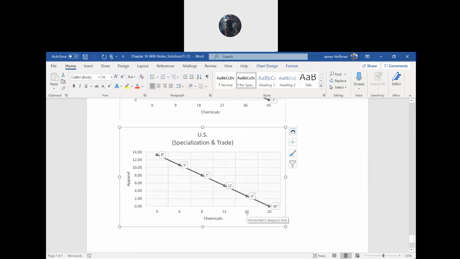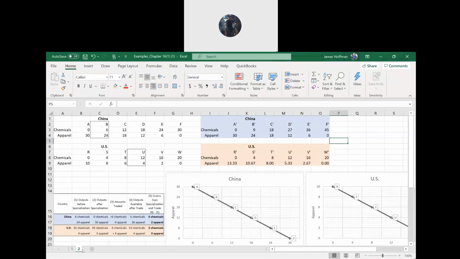So here they kept 16 of the chemicals and they traded the other 4. 4 times 2/3 is approximately this. All right, so here, given the current trade for this problem, they got back 13 1/3 and so on.